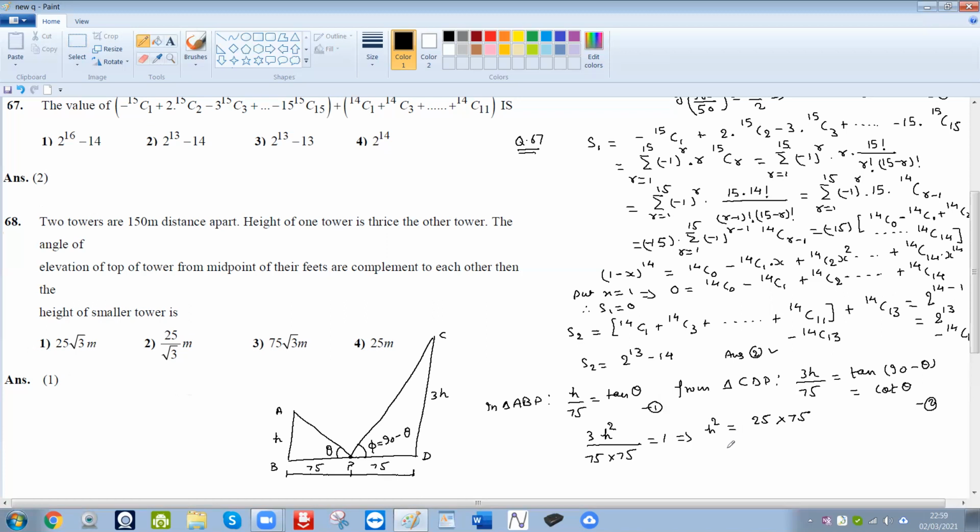Which one is the correct option? This can be written as 25 into 3. So h is 25 root 3. So the first option is correct.